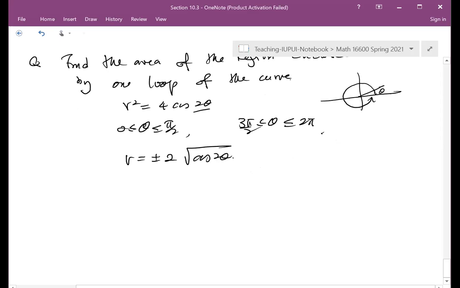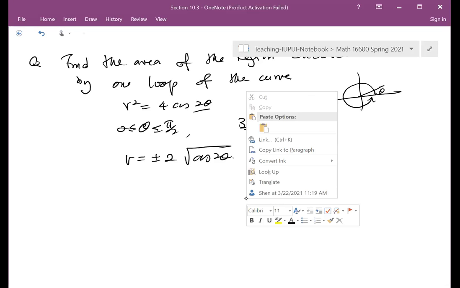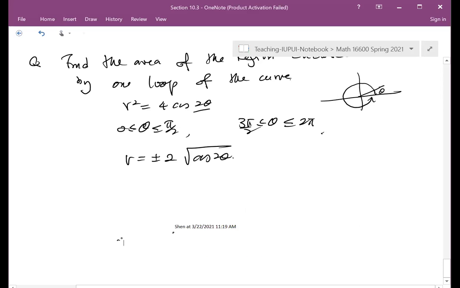So we have to sketch at least one of them. It's a little bit difficult to sketch the graph. So let's draw the graph.